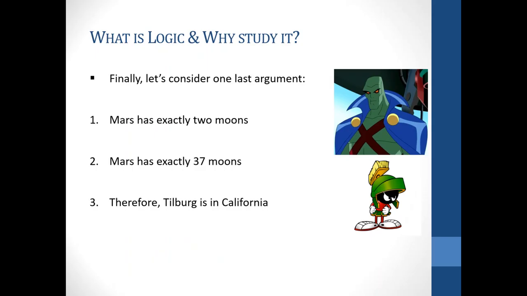What's impossible here? Mars has 2 moons and 37 moons at the same time. So it's impossible for the premises to be true, right? It's impossible for all the premises to be true. If it's impossible for all the premises to be true, then it's also impossible for the premises to be true and for me to be standing here and giving this lecture.